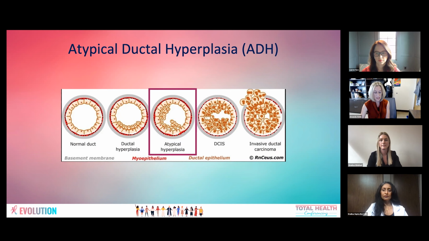It's similar to DCIS, which is the next step beyond, in that they both have cytologic atypia and architectural change, but the atypia are quantitatively and qualitatively insufficient in ADH to diagnose DCIS. So it's typically differentiated from DCIS in the sense that the atypia only involves 1 or 2 ducts, and it typically measures less than 2 millimeters.